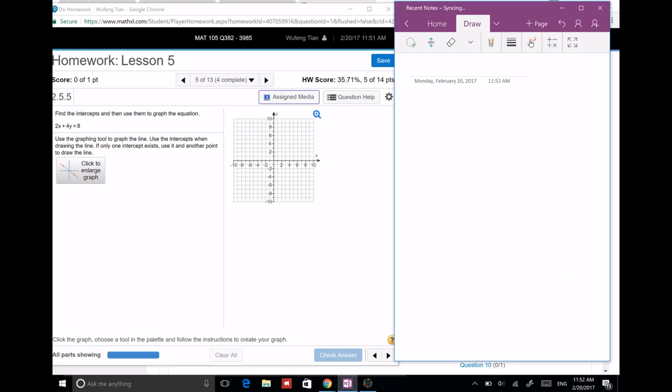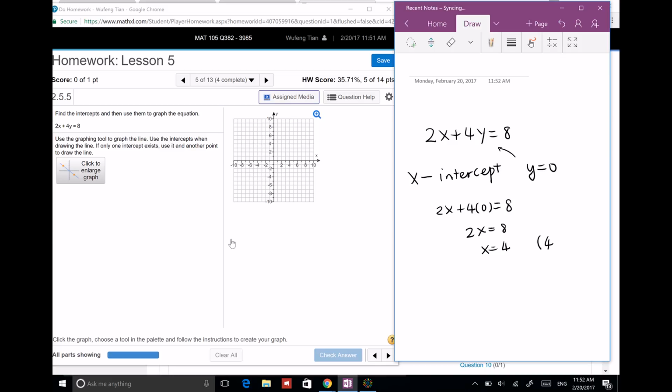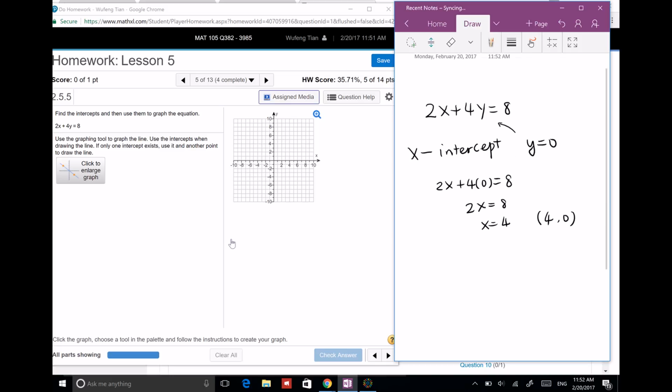So next one. Find the intercepts and use them to graph the function. 2x plus 4y equals 8. X-intercept means y equals 0. So we plug y equals 0 into the function. We got 2x plus 4 times 0 equals 8. We solve that: 2x equals 8 and x equals 4. So the x-intercept is 4, 0.